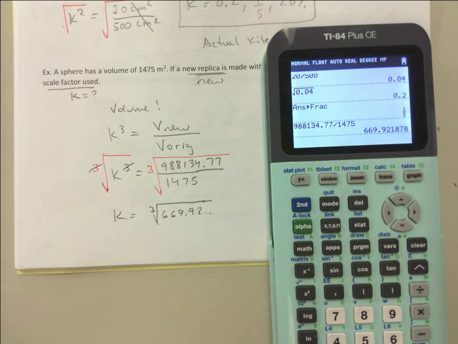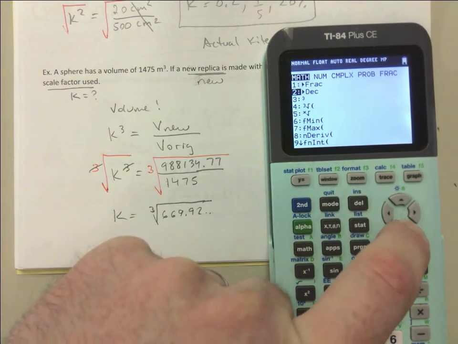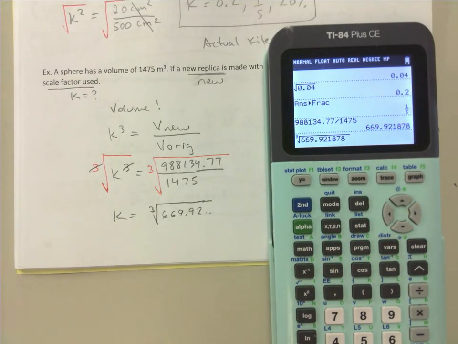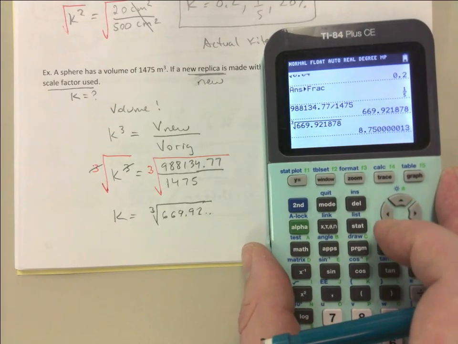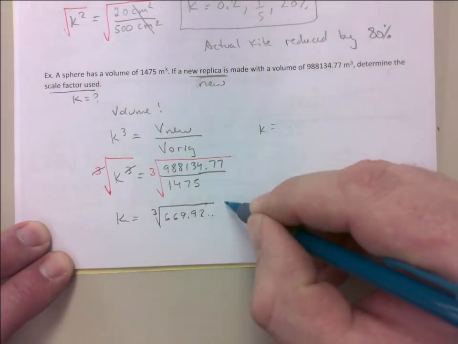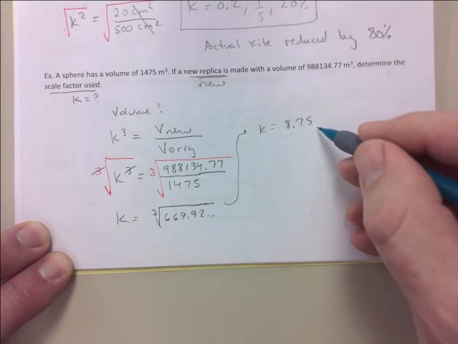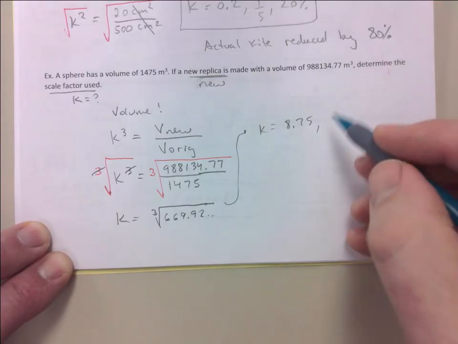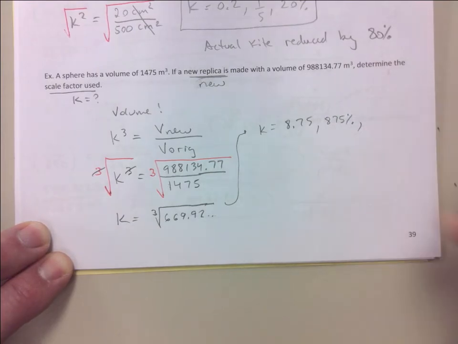You know how to access cube root? Math, fourth option. Copy, paste, 8.75. K is 8.75. If you multiply that by 100, that's 875%. Can you turn that into a fraction?